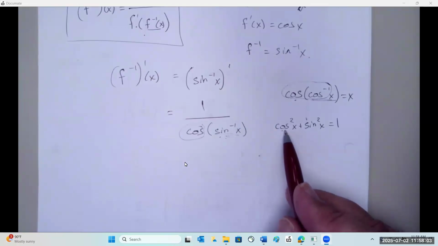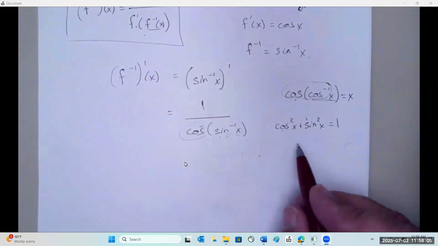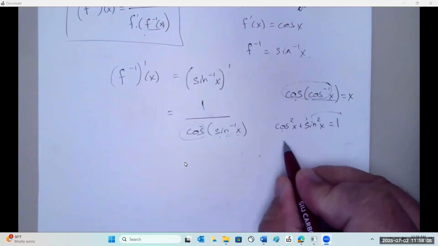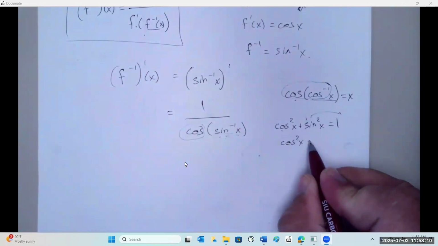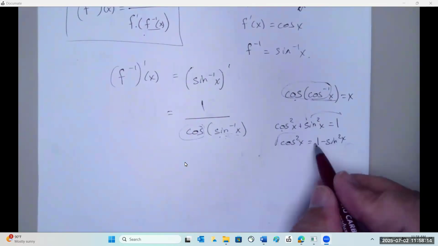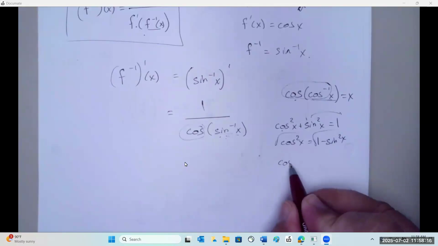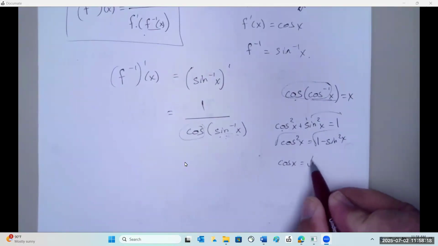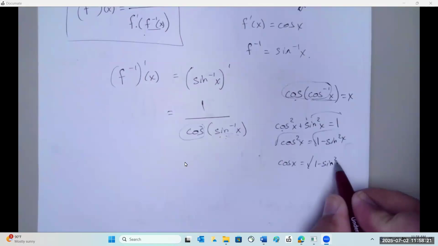Solve for cosine. If we solve for cosine, what do we get? That goes over there. So we have cosine squared x equals 1 minus sine squared x. Take the square root of both sides. Cosine x equals the square root of 1 minus sine squared x.